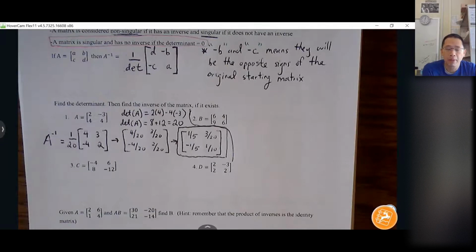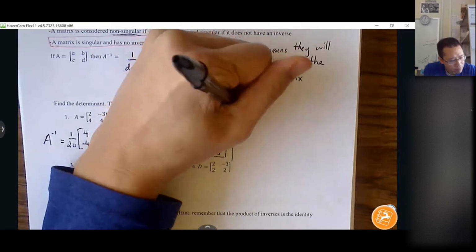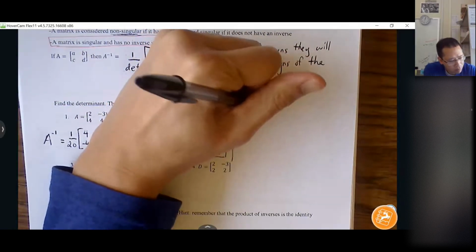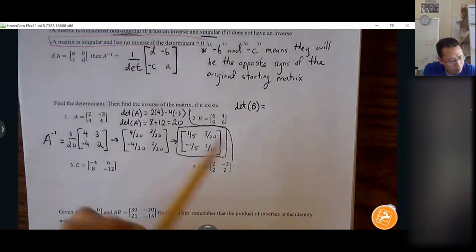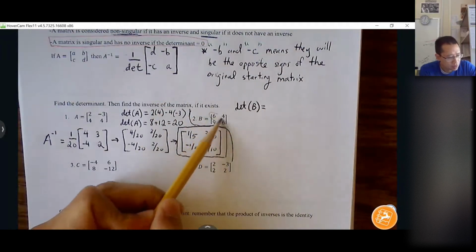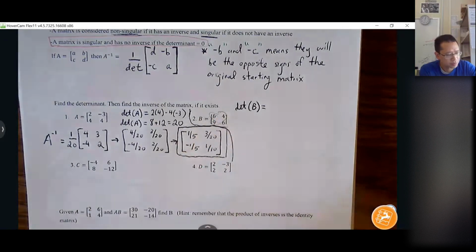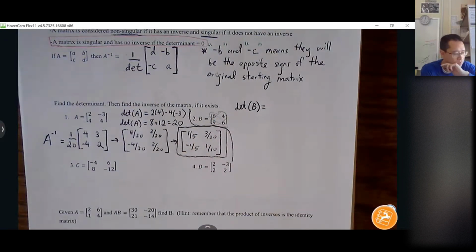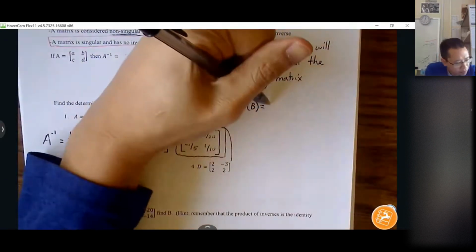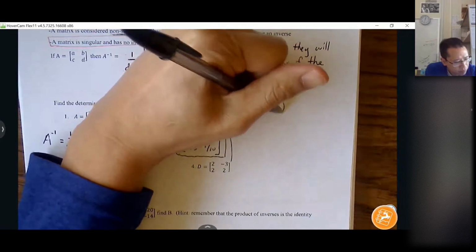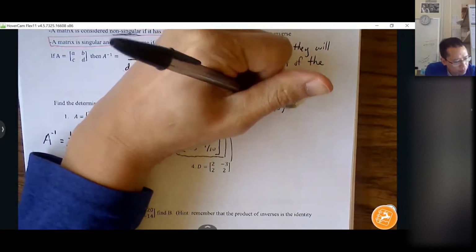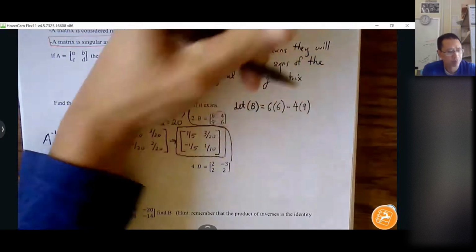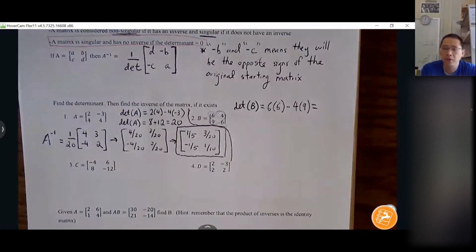Matrix B, start off with finding an inverse. Sorry, start off with finding a determinant. Right, that's the first component that we need. AD minus BC. Okay, what do you notice here?